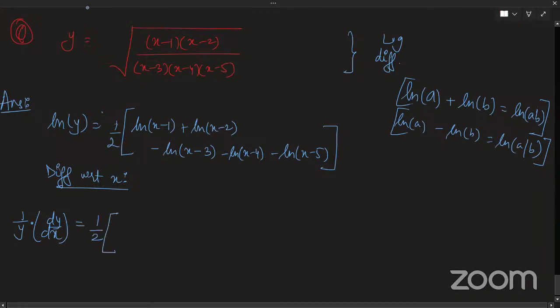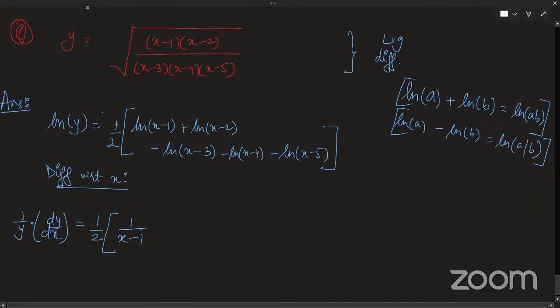Now I will be differentiating this long thing. So I have got ln of x minus 1. What is the derivative of ln of x minus 1? Anyone? 1 by x minus 1, into 1. Great.